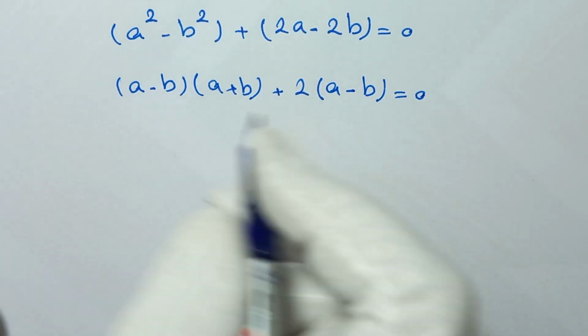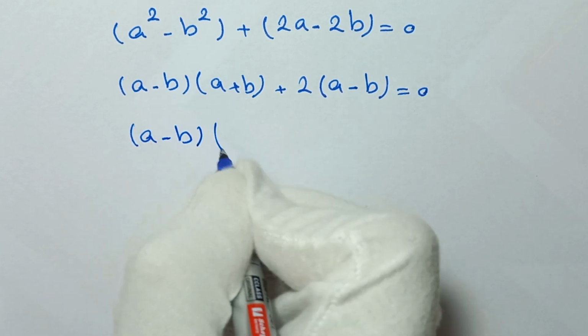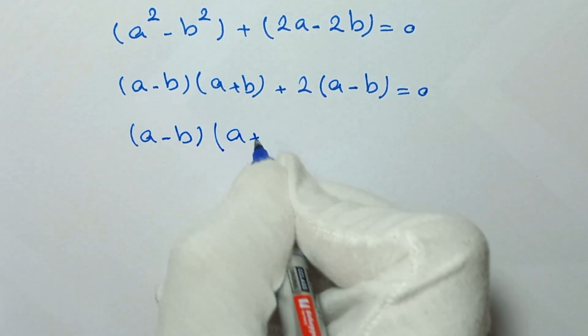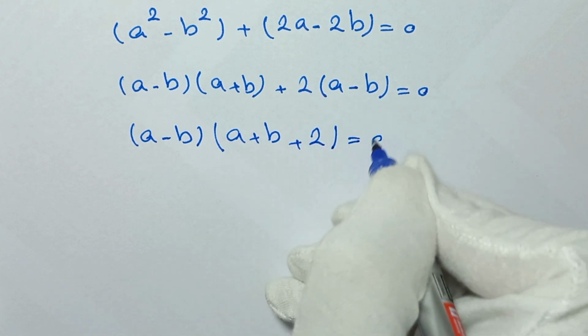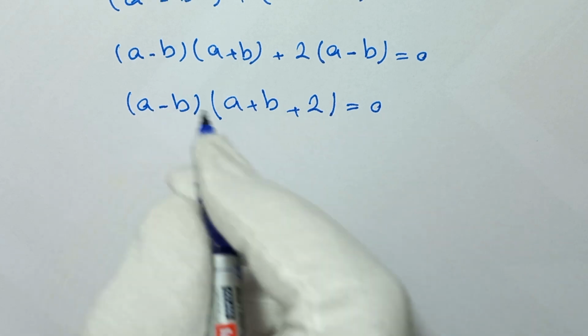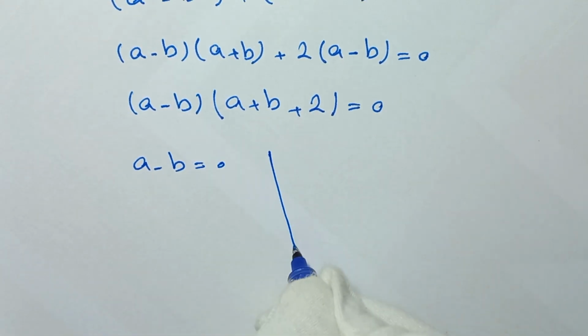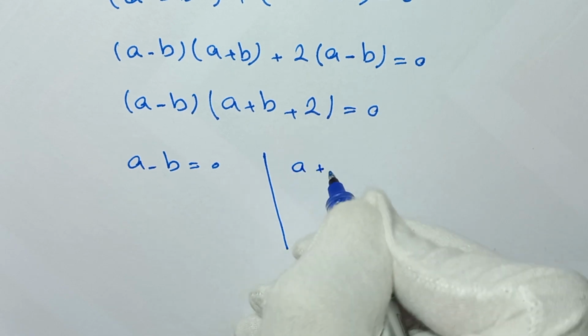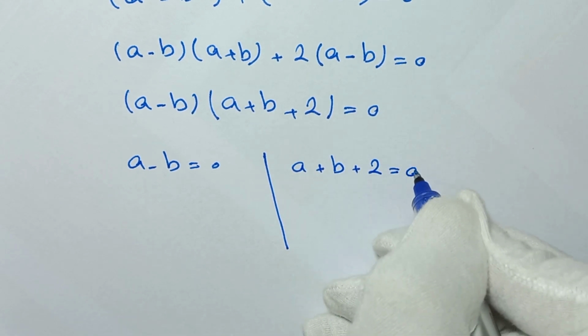So in here a minus b is common, so we factor a minus b, and in here we have a plus b, and in here we have 2, equals 0. So this times this equals 0, so we have two solutions. a minus b equals 0, or a plus b plus 2 equals 0.